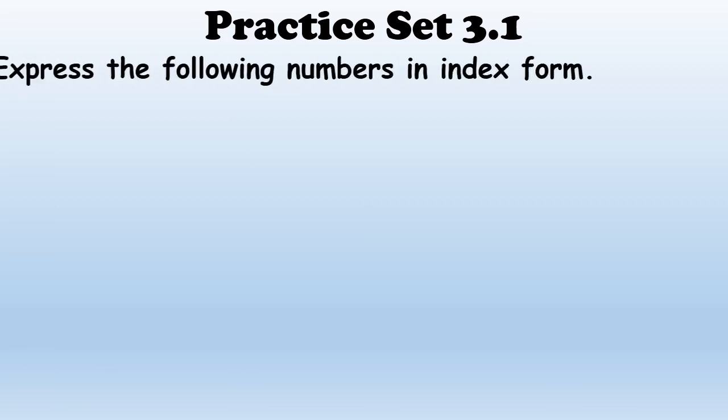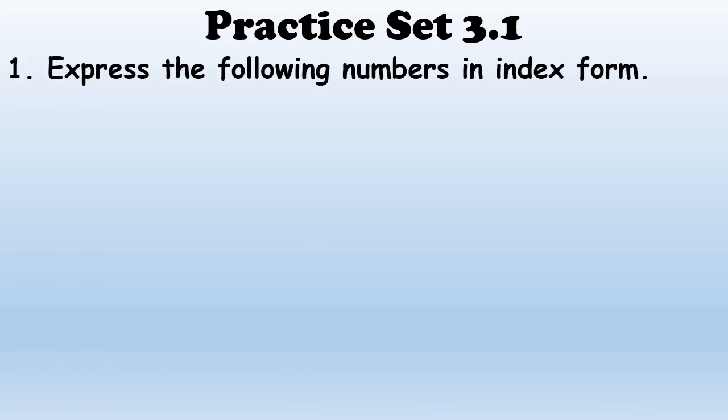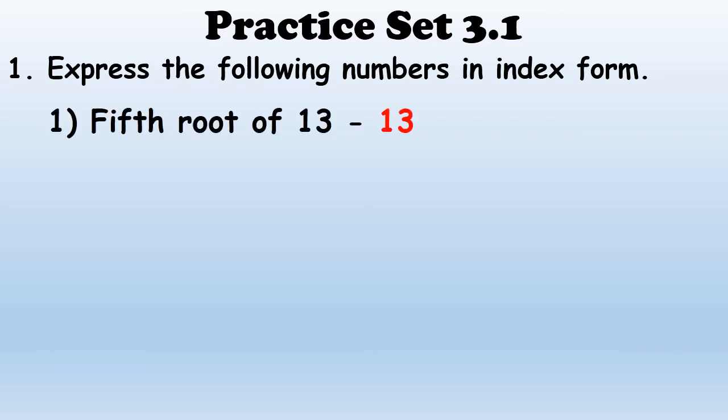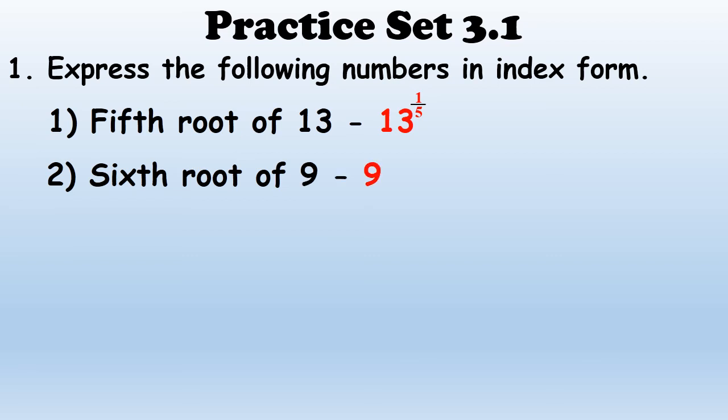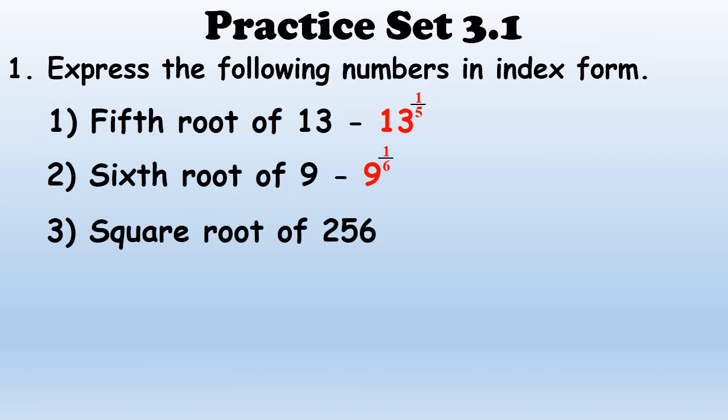Let us start with our first practice set 3.1. The first question: express the following numbers in index form. Fifth root of 13 is 13 raised to 1 upon 5. The second question: sixth root of 9 is 9 raised to 1 upon 6. And so on.